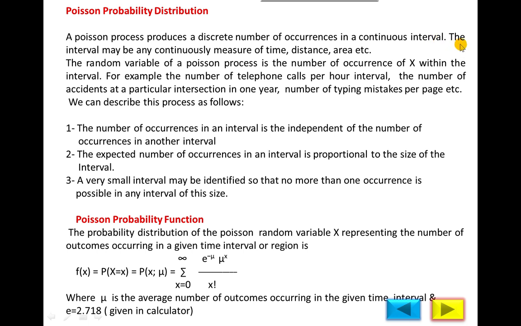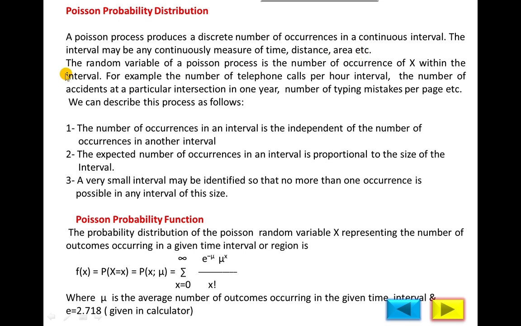For example, the interval may be any continuous measure of time. You know that time is a continuous variable. Distance is a continuous variable. Area is a continuous variable. So if any discrete observations occur in a continuous interval, it is called a Poisson process.